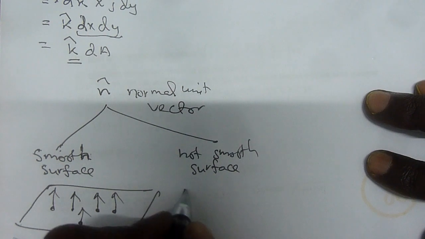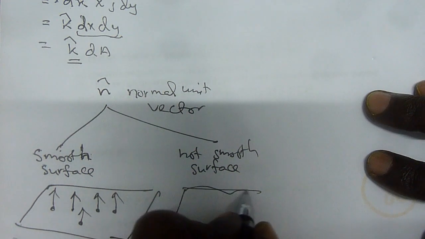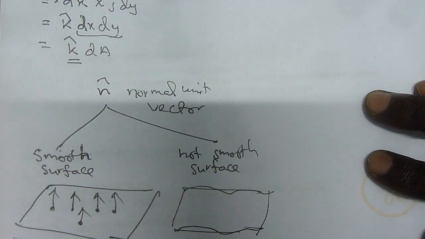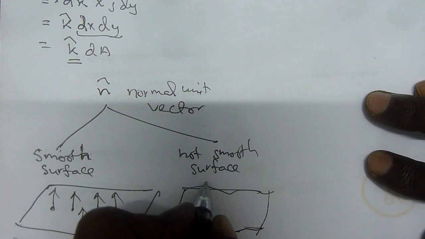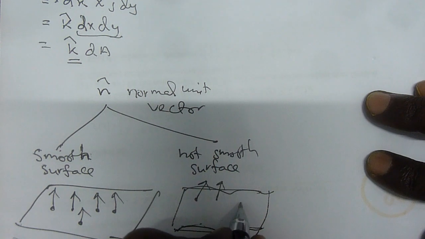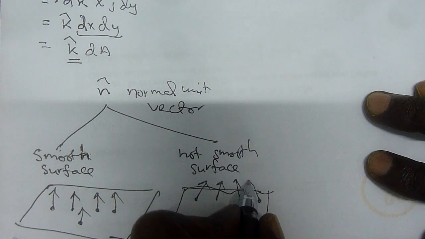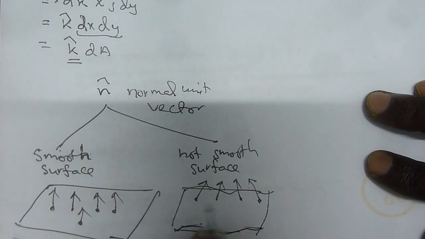But what is a not smooth surface? A smooth surface looks smooth, but I try to make it a little bit curvy, at least to show you this is not smooth. When you see this is not smooth, you can see the angle of the normal will change. For example, most probably here, wow, this is something unusual.